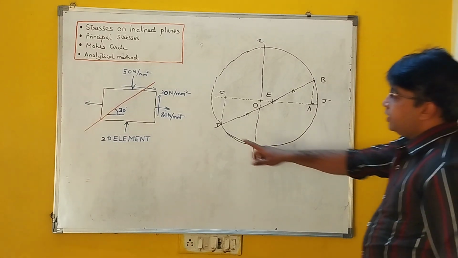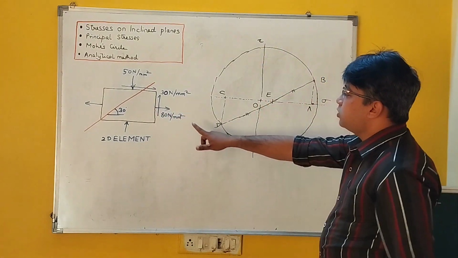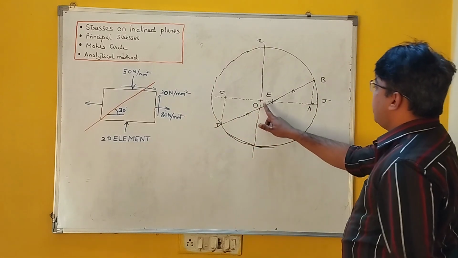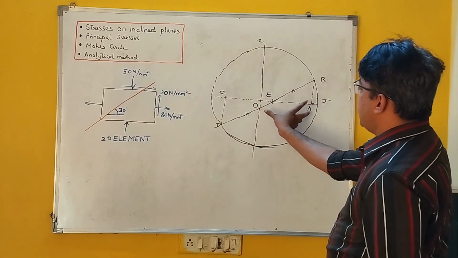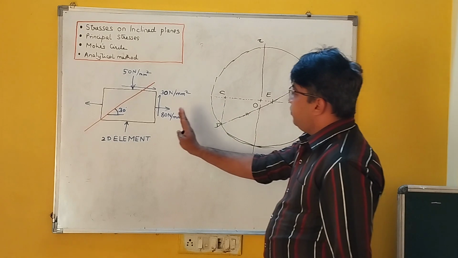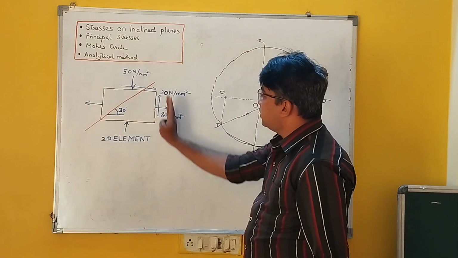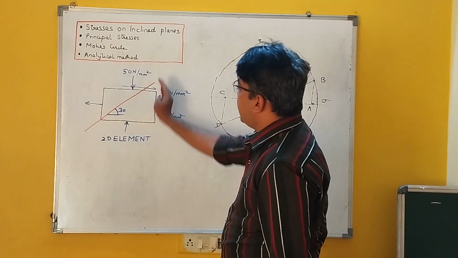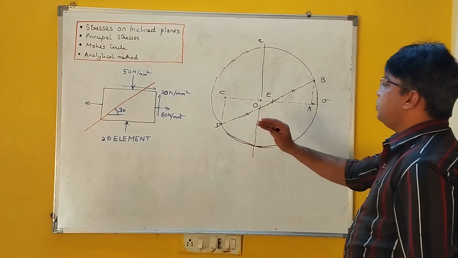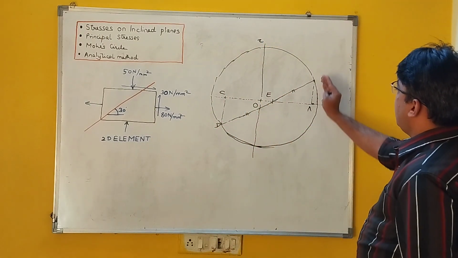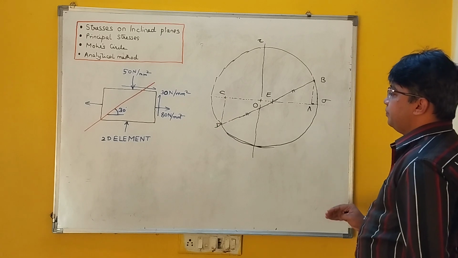So first we have taken this plane, so we have got values of 80. So we plotted O to A, this is 80, and then we have this shear stress in clockwise direction, so that was taken to be 30. So 30 up, we got it as point number B.